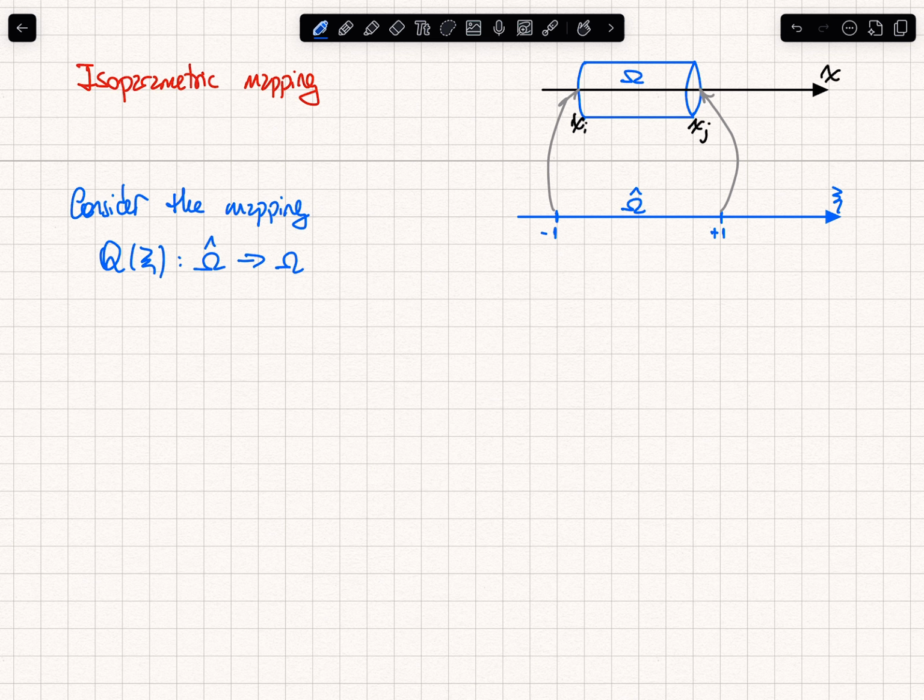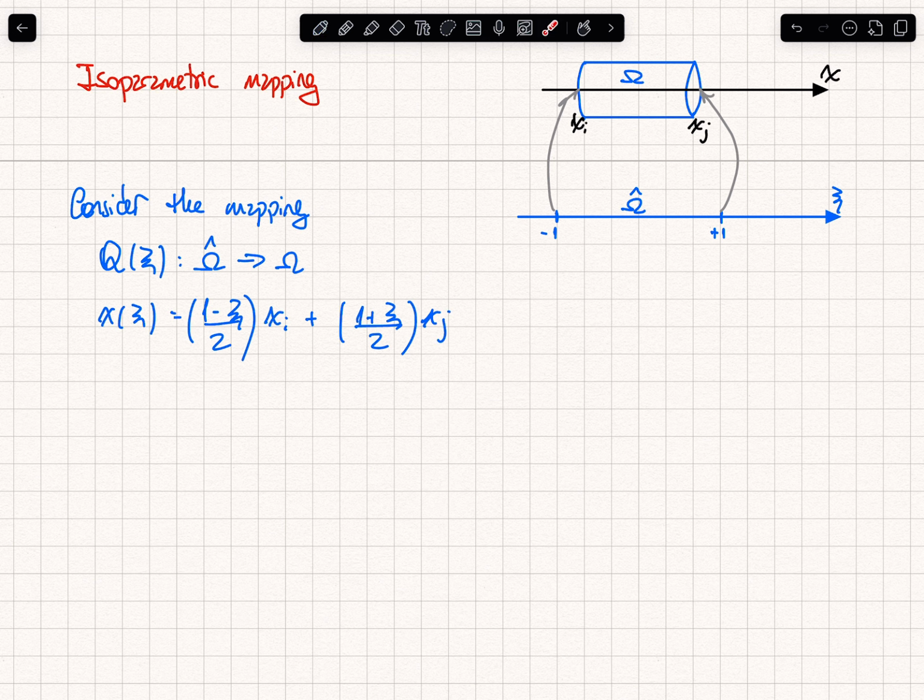And if we took, for instance, a linear mapping, we can write x as a function of xi. This is one shape function, and that is another function.